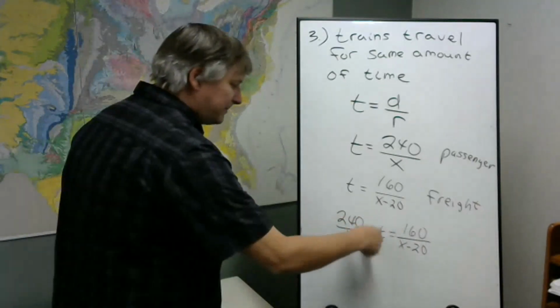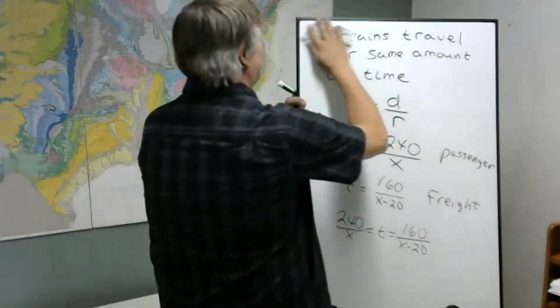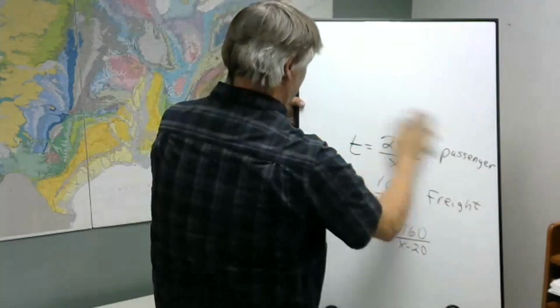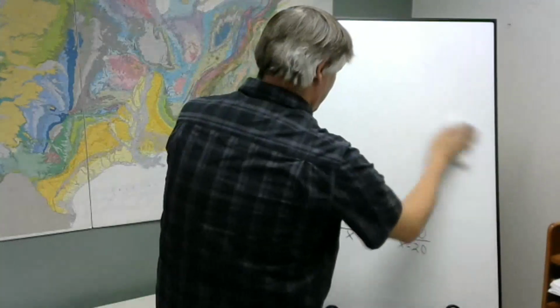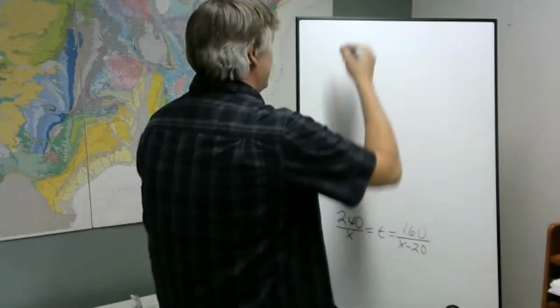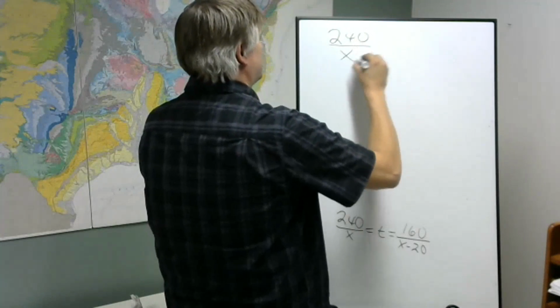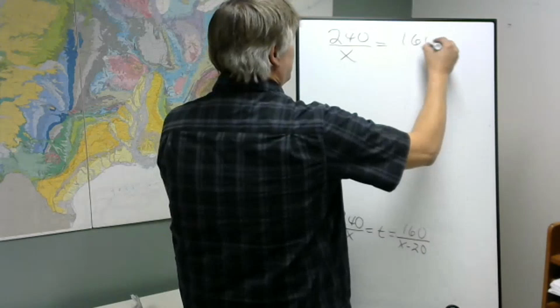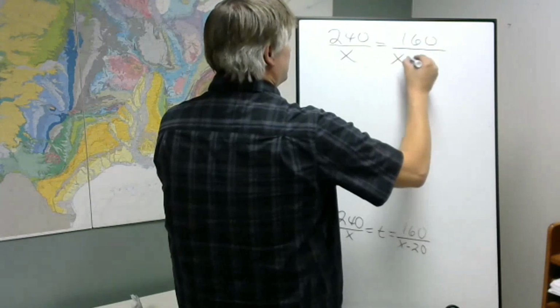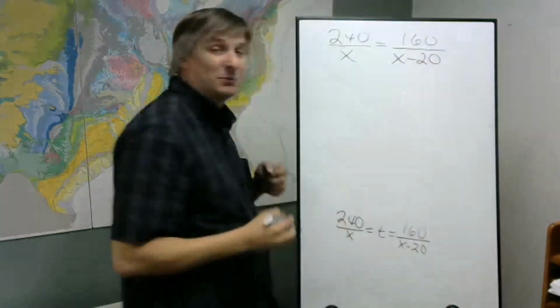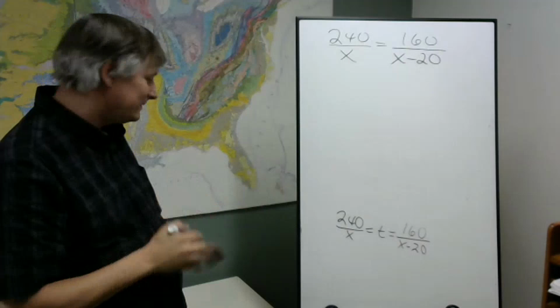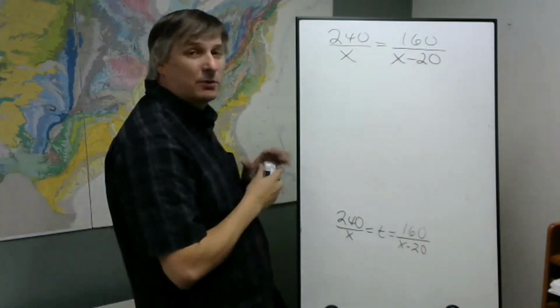So we can drop this t out. And we'll get 240 over x is 160 over x minus 20. That's the equation we're going to solve.